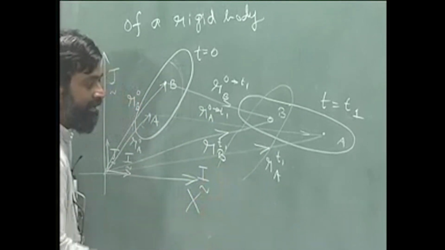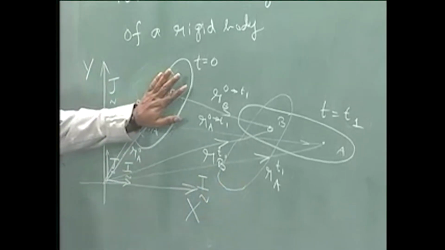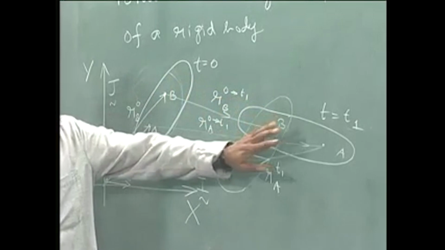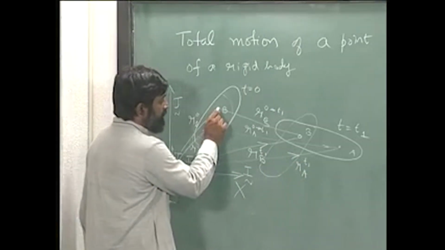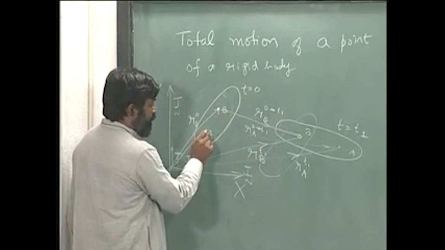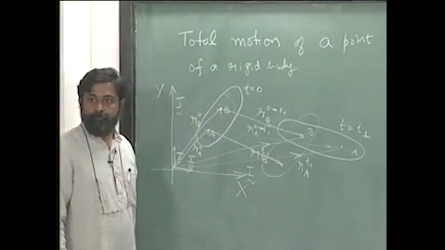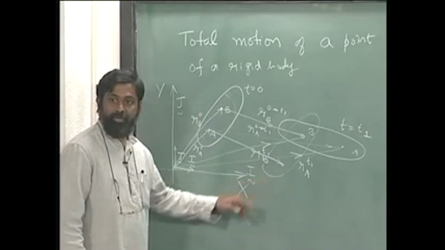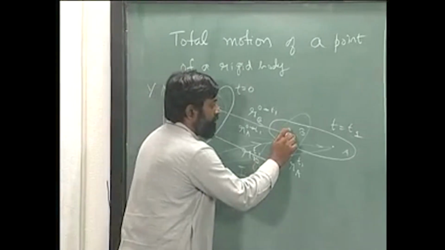Let me just make it look as if it is the same rigid body. So, this rigid body has undergone a translation. So, what do I understand by translation? This particular vector that represents the translation, if used here, will tell me where the point A is. So, let me call this A prime, B prime.